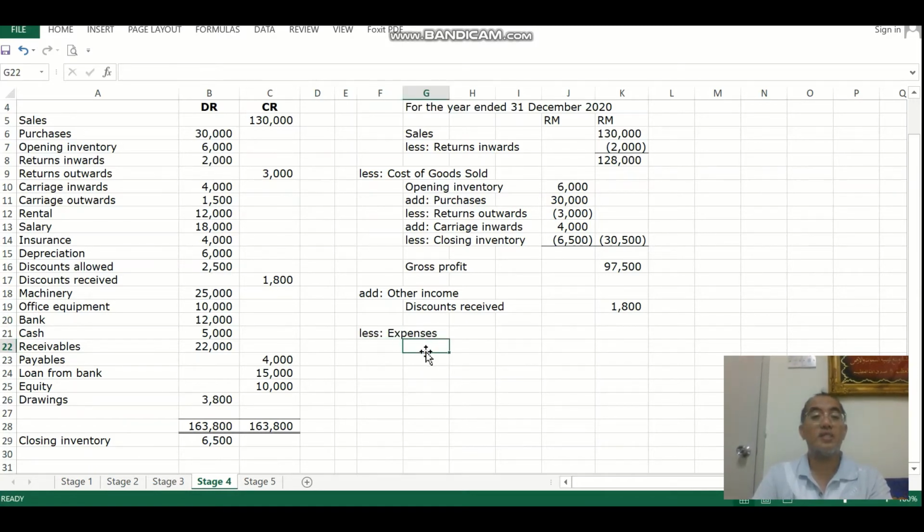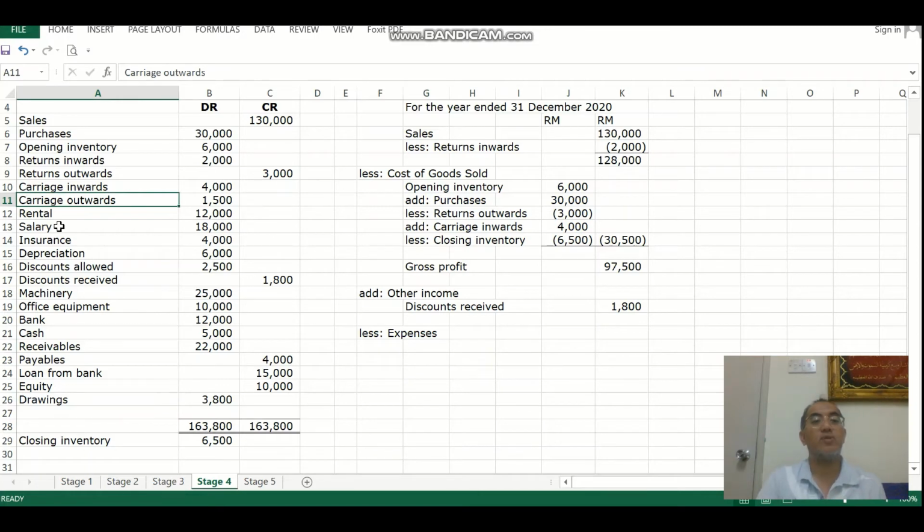And I minus my expenses. So expenses starting from here, carriage outwards, and rental, salary, insurance, depreciation, discount allowed. All of these are the expenses.